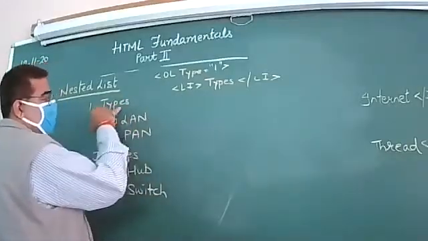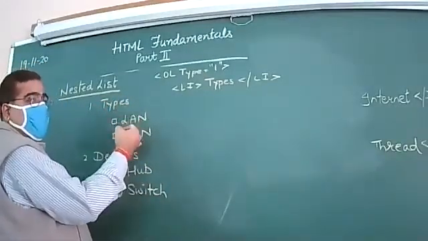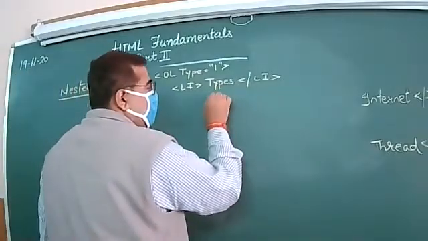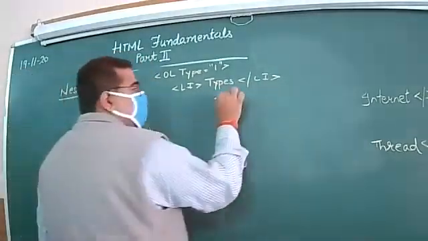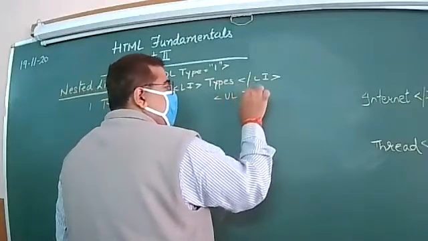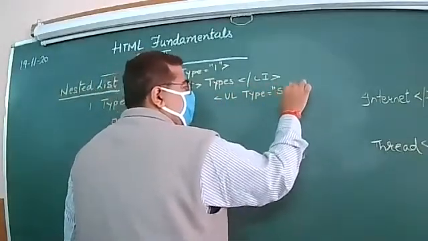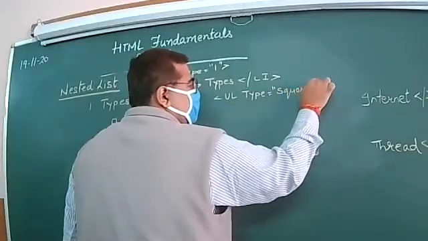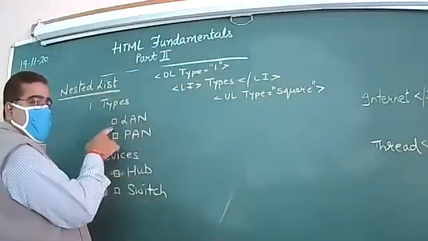Now inside this types, I have two sub options, LAN and PAN. They are being displayed using the bullets. So I write UL type equal to square. You can see square over here.